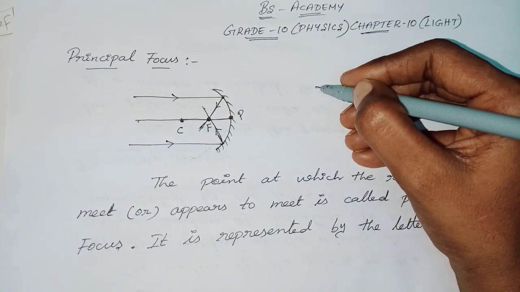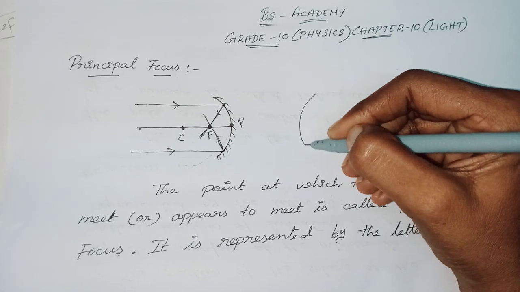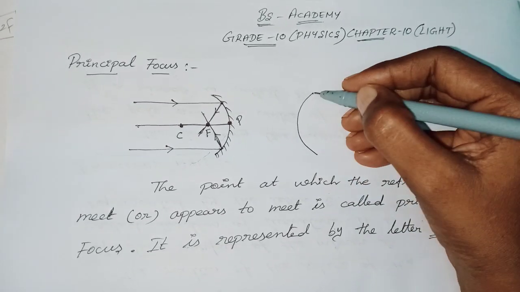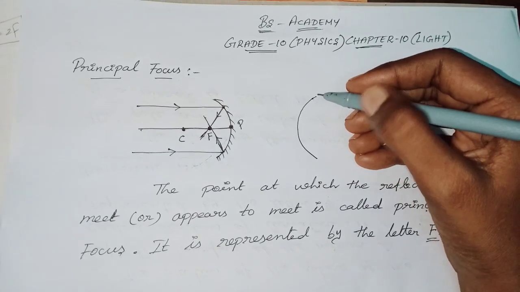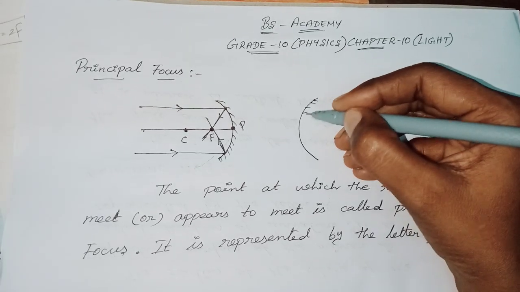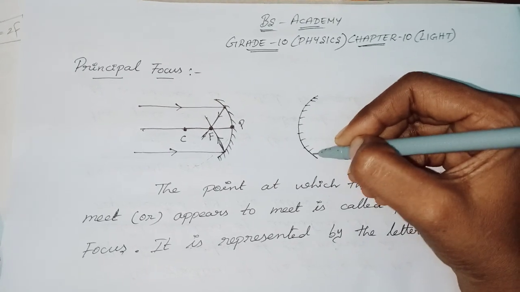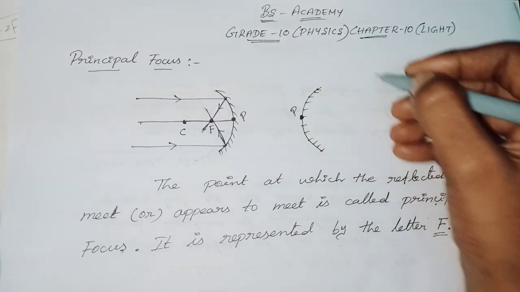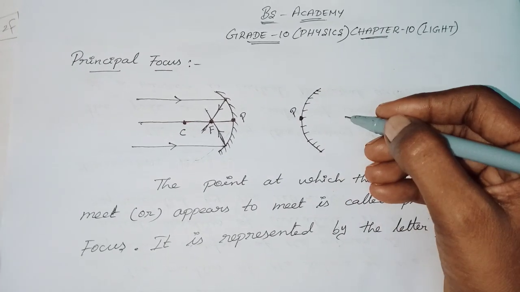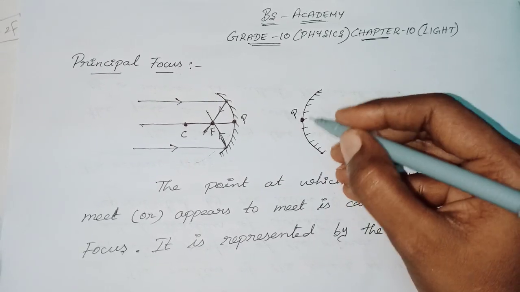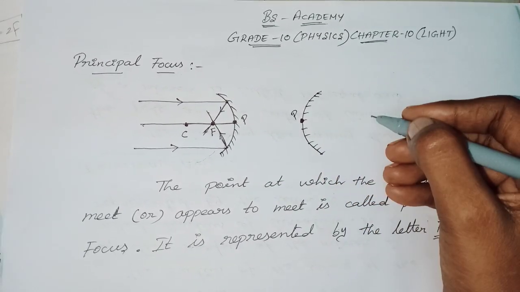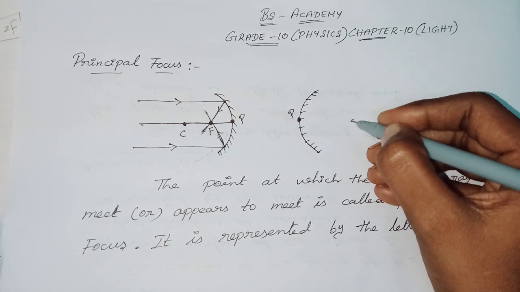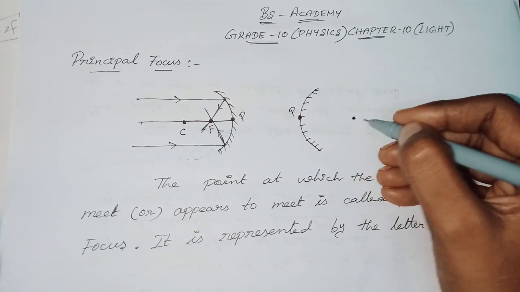The same way for the convex mirror. This is the convex mirror. We know this is the faded part of the convex mirror, and this is the pole represented by the symbol P. And I already told you the center of curvature of the convex mirror lies on the right hand side.